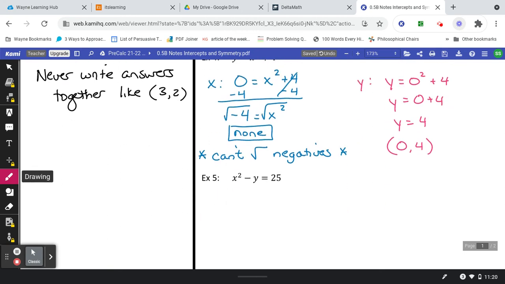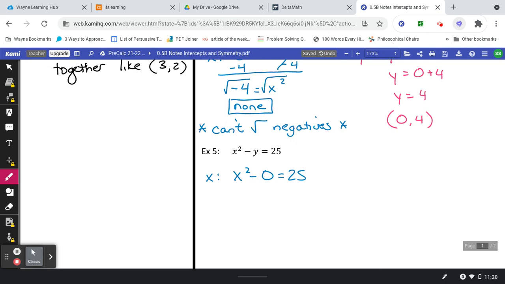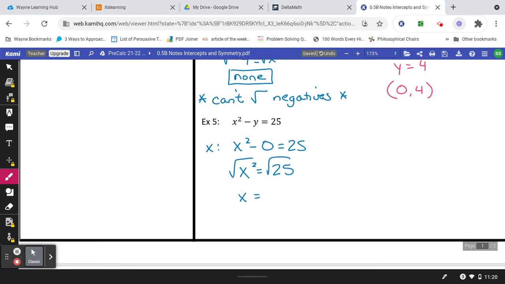Example number 5. Again, we can leave it in this format. No need to switch the equation around. Plug in a 0 for the y. Minus 0 doesn't do anything, so I'll just go ahead and get rid of that. Square root both sides. And when we square root something in an equation, we will have to put a plus or minus sign.